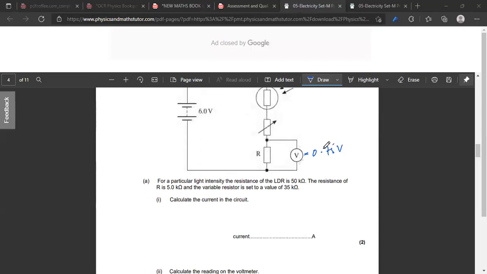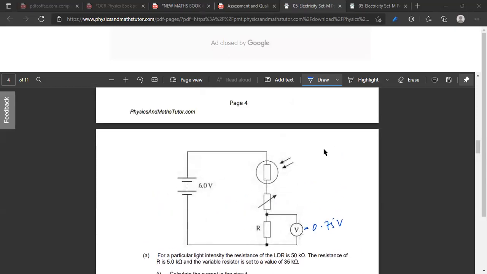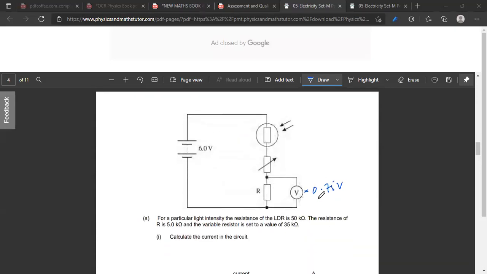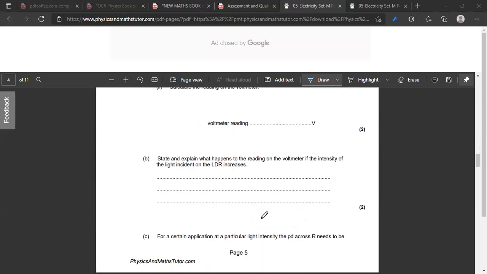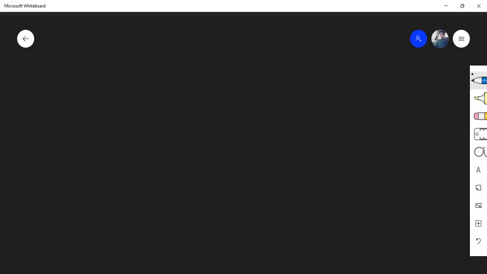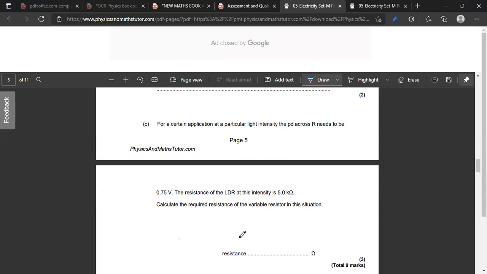So what we are required to do here is divide this in a way where this is 0.75. We did discuss a formula yesterday, where you had the resistor or the component in parallel over all the resistance, times the voltage of the supply PD.